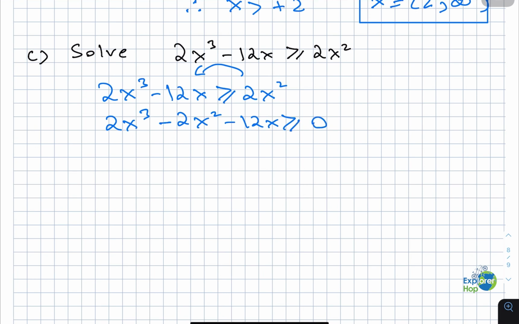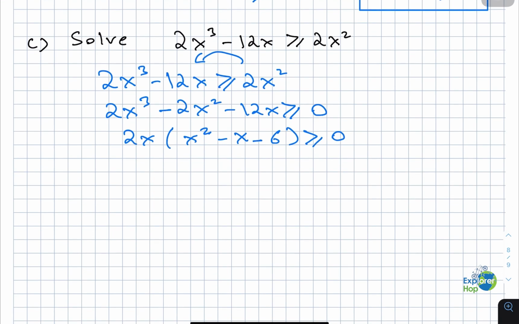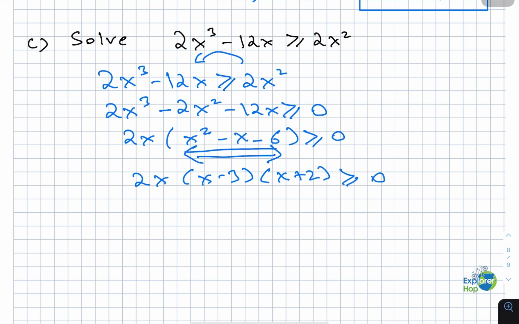Now we can factor out 2x, which gives us x squared minus x minus 6 is greater than or equal to 0. So now we can factor this on its own, which would give us 2x times x minus 3 times x plus 2 is greater than or equal to 0. Now we can equate all three of them to 0 and solve for x.